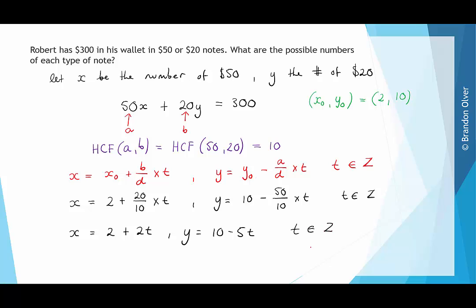Once again though, we've got a real world context where we need to take into account we can't have negative amounts of either note. So we can only have positive amounts of $50 and $20 notes or 0. So this graph shows the linear Diophantine equation with the integer solutions indicated along the line.